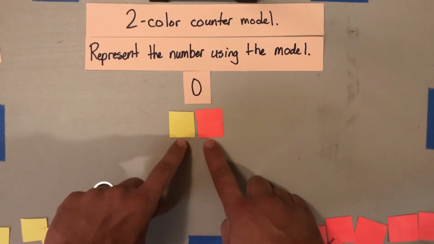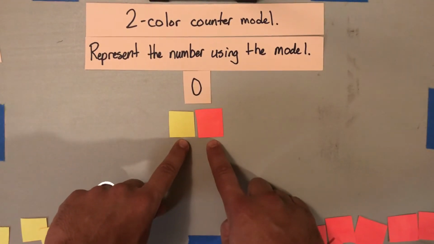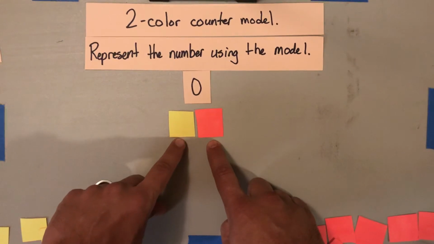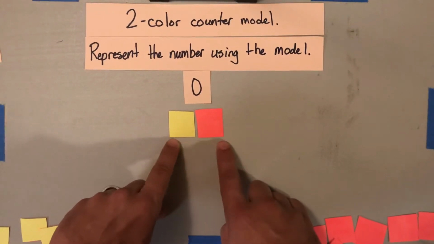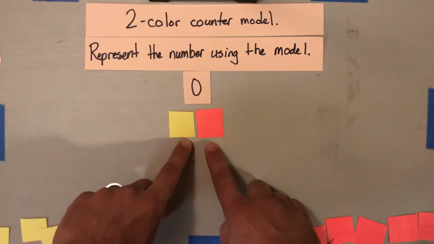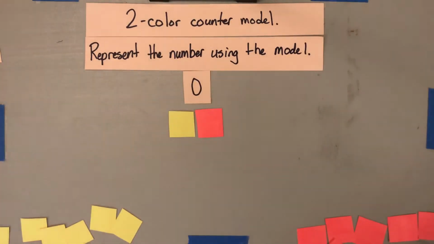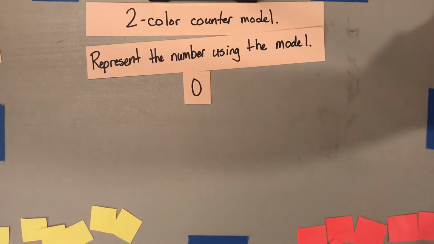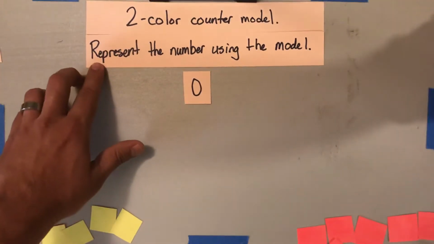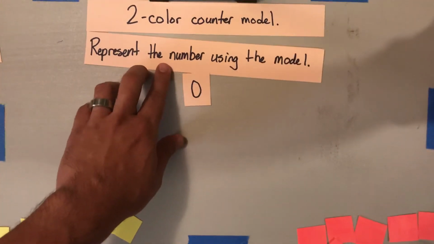So this is what is called a zero pair. So a -1 and a +1 actually form a zero pair. And so this right here is a different way of representing the number 0. So I can represent 0 with nothing at all, that would be the absence of any counters.